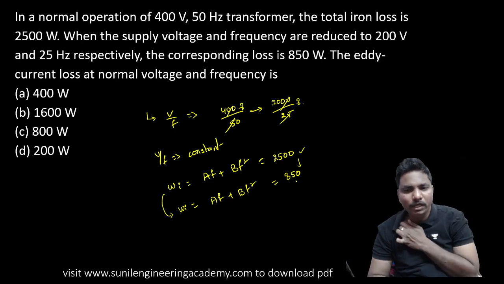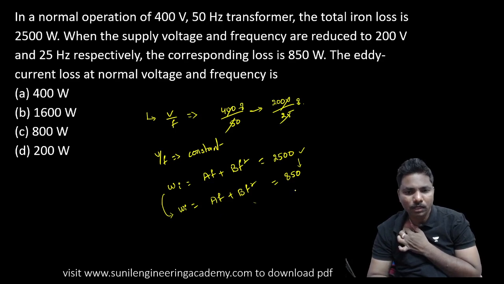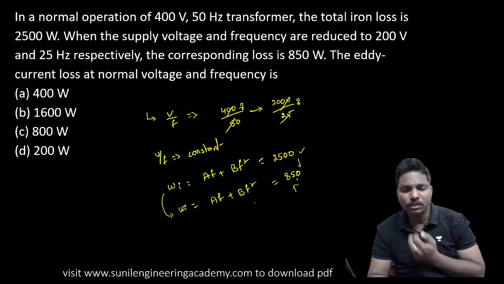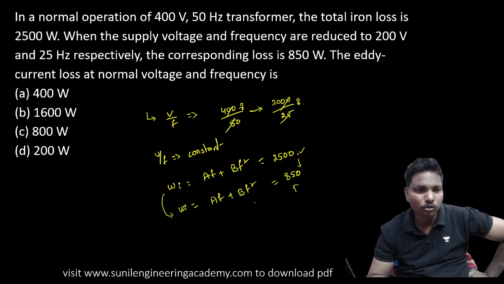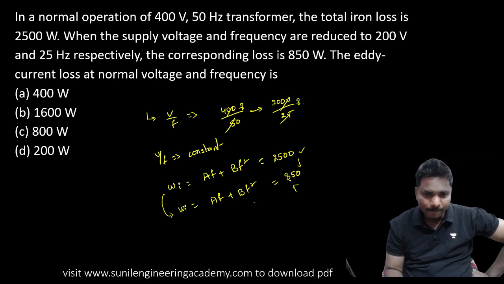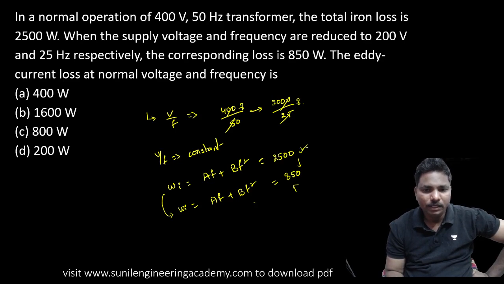For example, if 850 were totally due to hysteresis losses, then the eddy current losses may be approximately 1600. Then 2450, that is approximately 2500. So maybe the eddy current losses at normal frequency are of the order of 1600. So directly you can give the answer as option B.